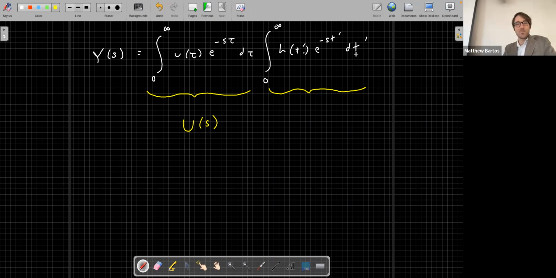Right, so the t prime is just the variable itself. Doesn't necessarily mean anything, we're just integrating over it. So this is the Laplace transform of h of t. So what we get is h of s. So we have that y of s, our particular solution in the frequency domain, is equal to u of s times h of s. Okay, where u of s, this is our inputs in the frequency domain.